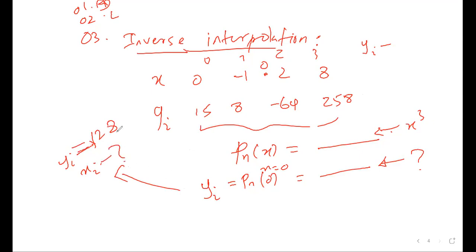In that case, you can't use this one, so there you have to use our inverse method. So far all our equations give yi. If you give any value of x, we can find the yi. But what if they give you the yi value, how do you find the xi value? That is what we call inverse interpolation.